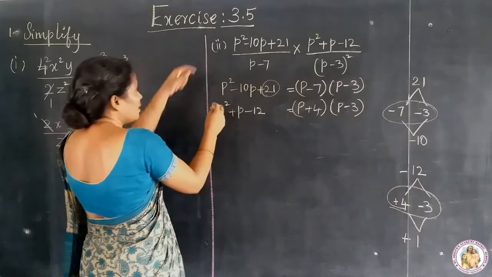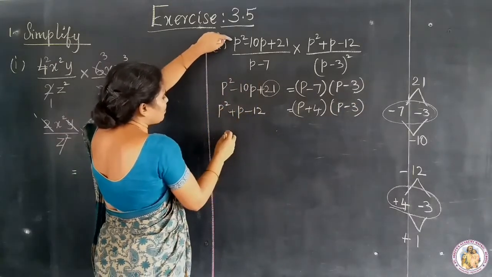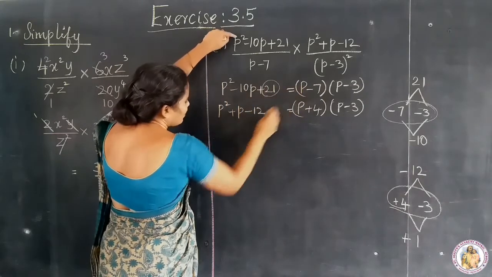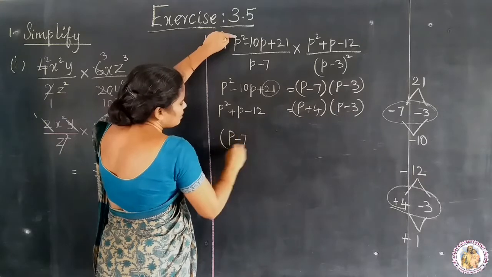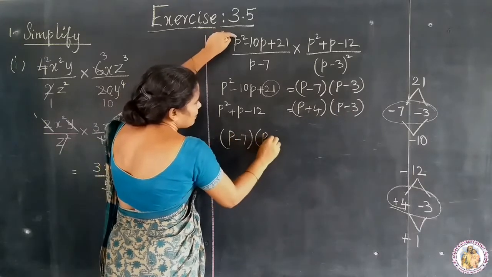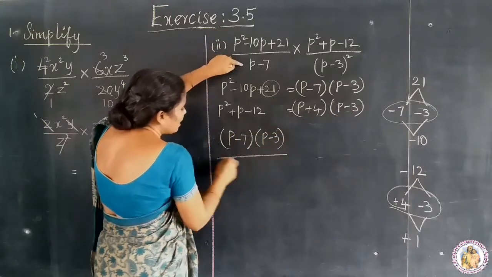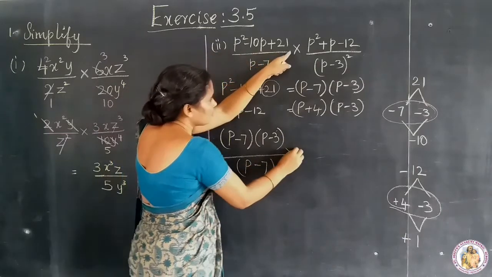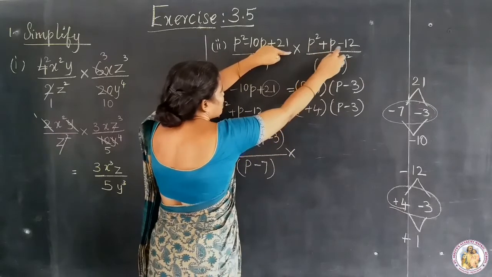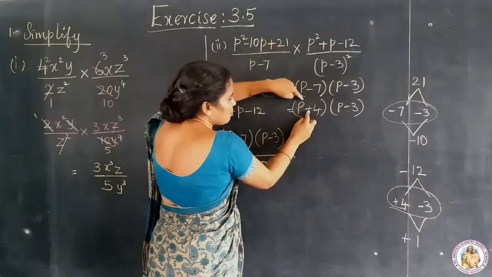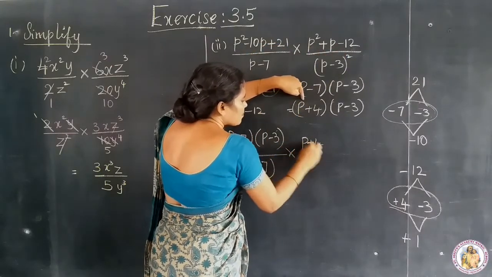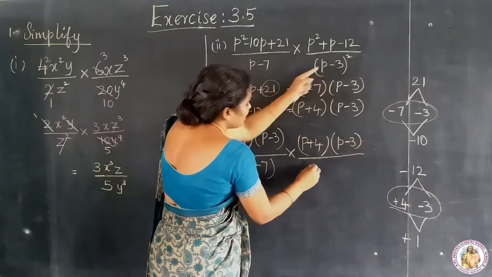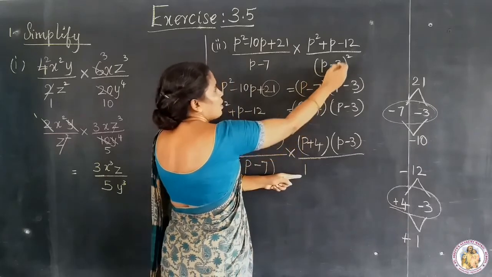Okay. Now you can write the factors in proper places. Here for p square minus 10p plus 21 we get p minus 7 and p minus 3, by p minus 7, into, for p square plus p minus 12 we got p plus 4 and p minus 3, divided by p minus 3 whole square.